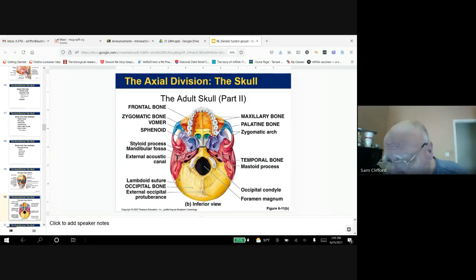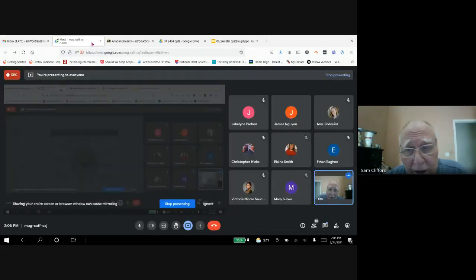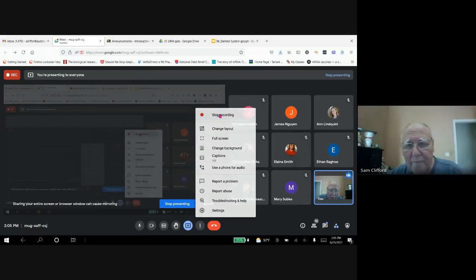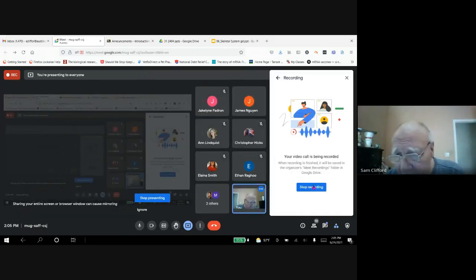Here's the external view and the lower internal view of the skull. Know those bones, and we'll stop there and keep going after we stop recording.